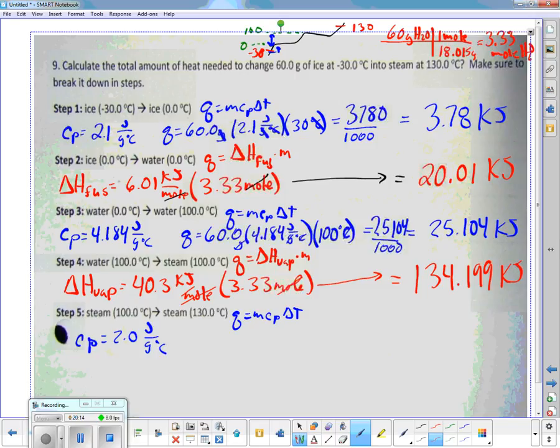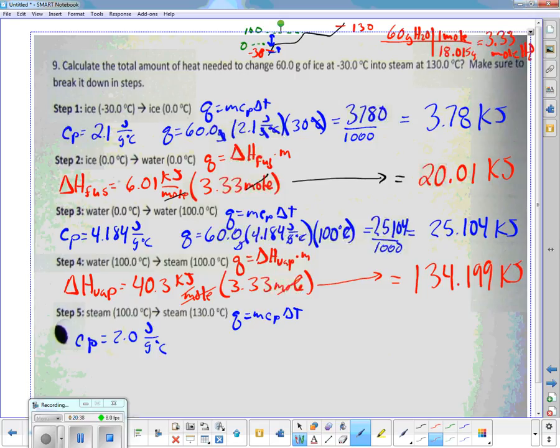Okay, try it again. 40.3 times 3.33. Okay, yes. I think it's lowercase. I just write it. I don't know.